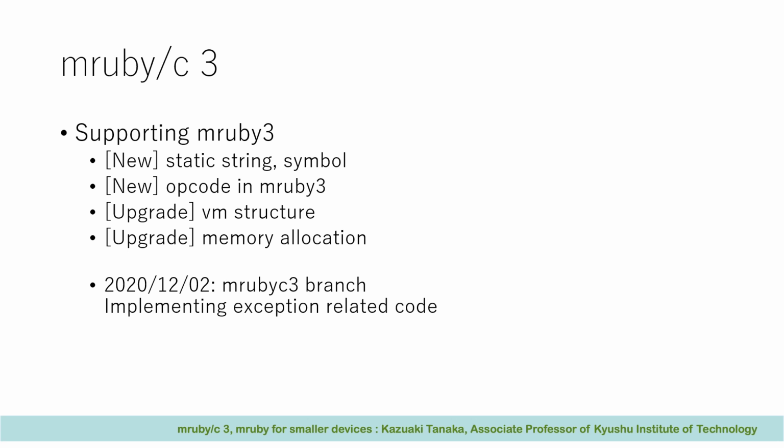The internal structure of the mruby virtual machine is upgraded, and there is a newer memory allocation algorithm. The algorithms are also almost the same, but it is a newer implementation of the memory allocation functions. This contributes to memory consumption and allocation speed. Currently, the mrc3 branch is released on GitHub.